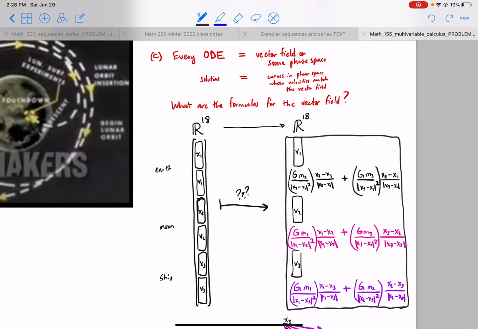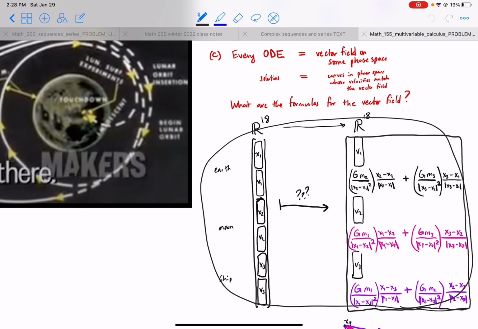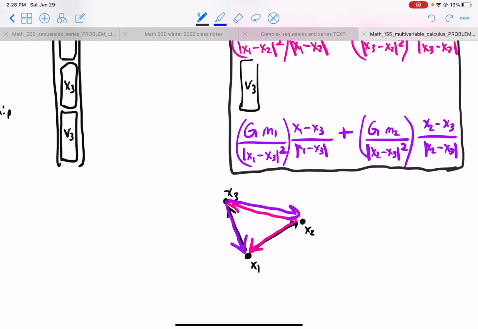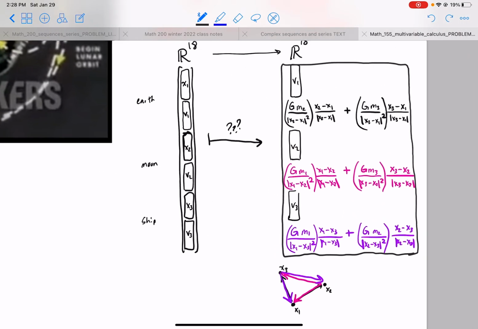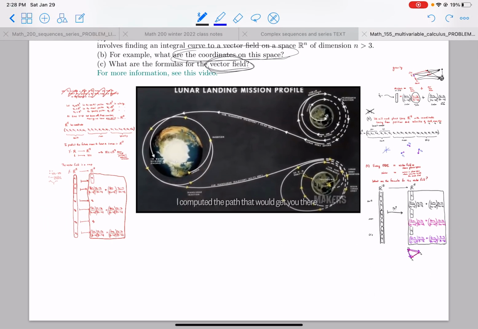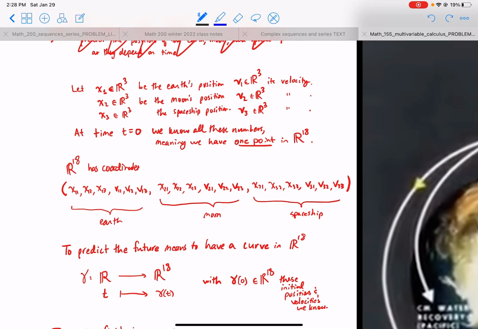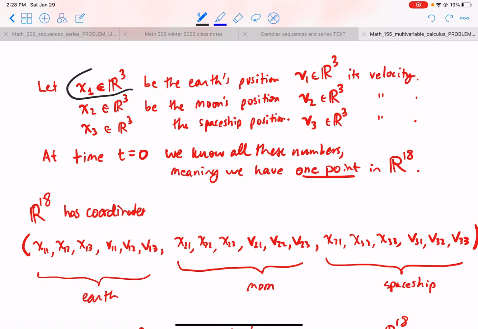Second part is this formula right here. And the nice picture of how we get that formula right here. I guess you could draw 3 different pictures. I drew my 3 pictures on top of each other. But anyway, it's pretty fun to do this. I guess over here when I was doing it the first time, I said more formally, let x1 be the Earth's position, and v1 its velocity.